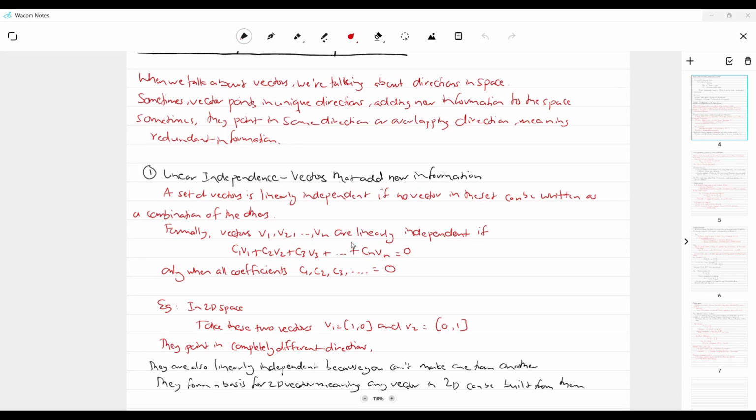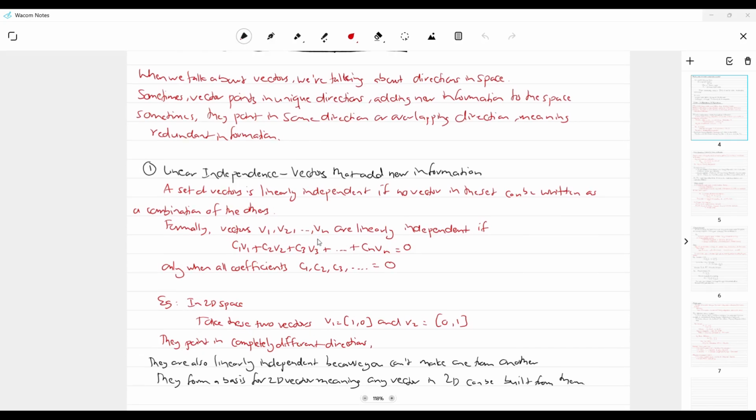Formally, if we have v1, v2, up to vn, they're independent if the only way to satisfy c1 v1 plus c2 v2 plus and so on up to cn vn equals 0 is when all coefficients c1, c2, up to cn are 0. In plain English, you cannot mix or scale the other vectors to recreate one from them.